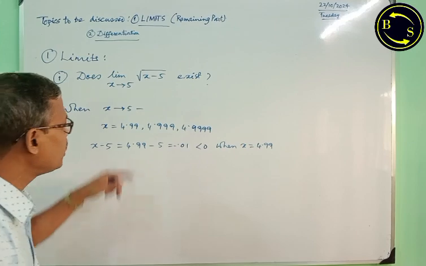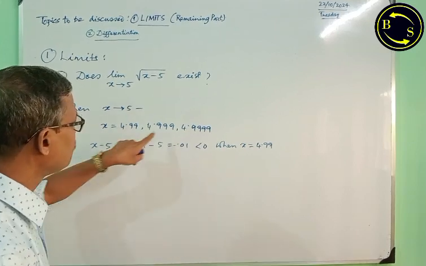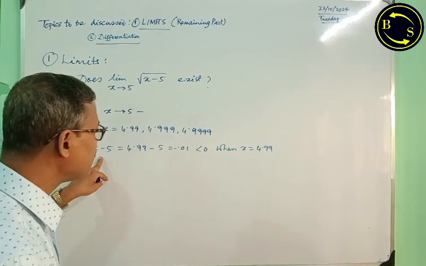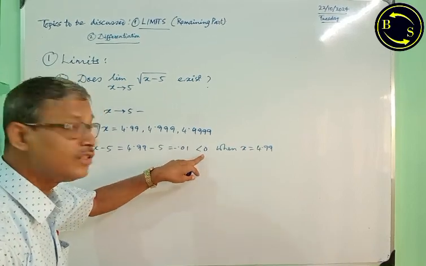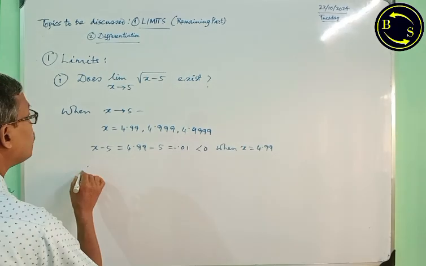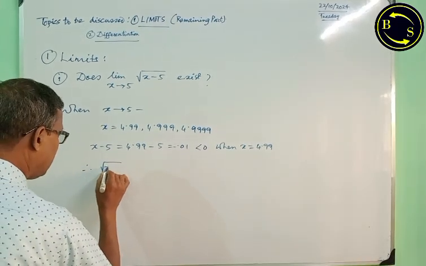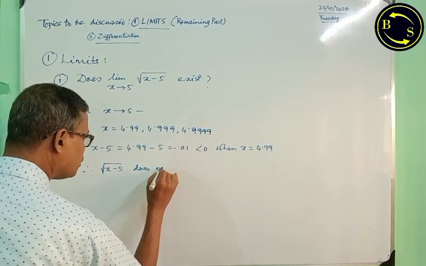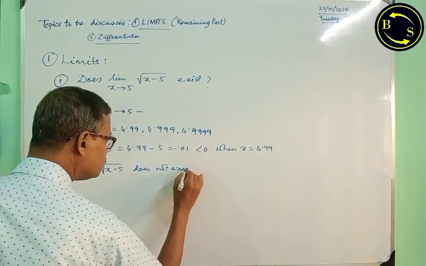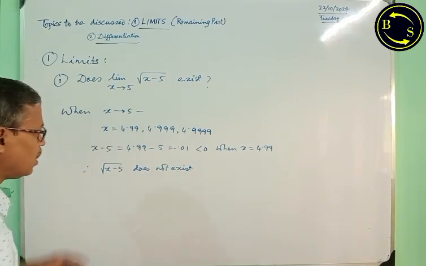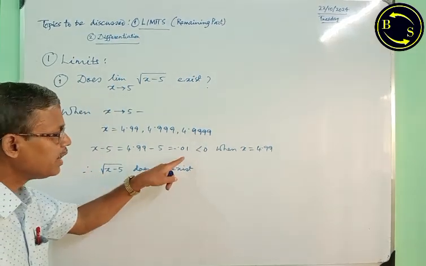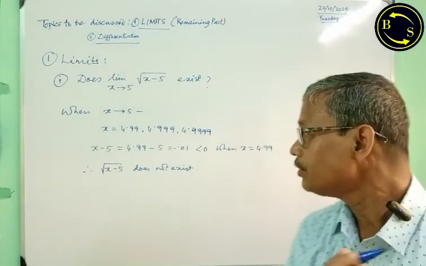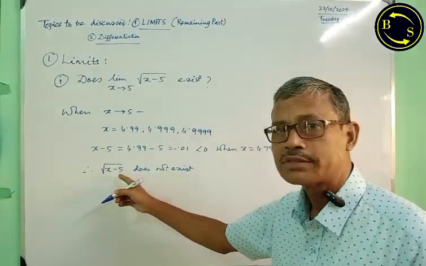Similarly, if we calculate x minus 5 for these values also separately, we shall see x minus 5 will be less than 0. Therefore, root over x minus 5 does not exist. Actually, root over negative number is not defined in case of real numbers. Therefore, root over x minus 5 does not exist.